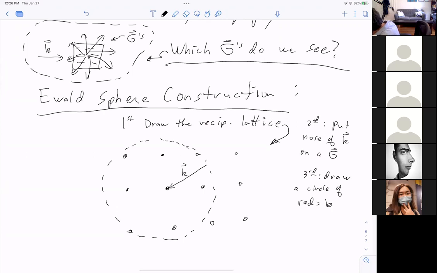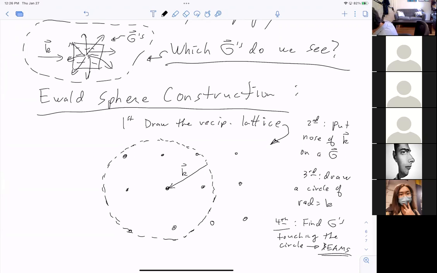That's the circle of radius K. And then fourth, find the G's touching the circle. Then those are the beams. For example, look, I see... Actually, I'm going to redraw.